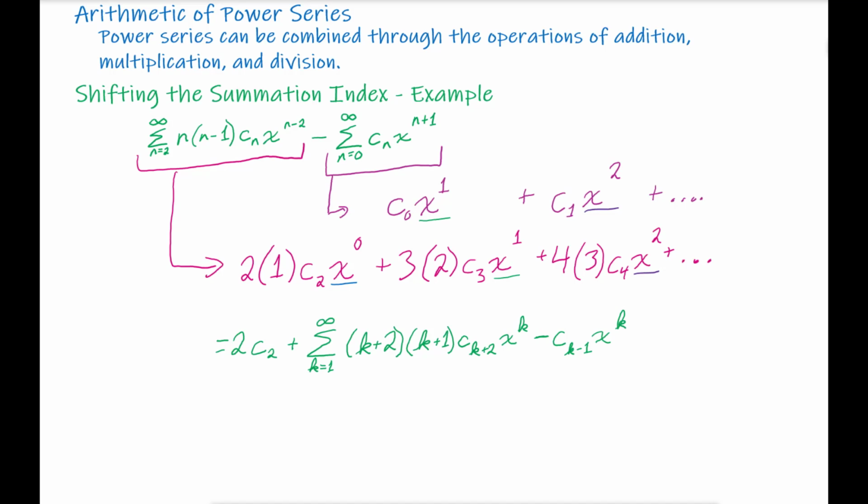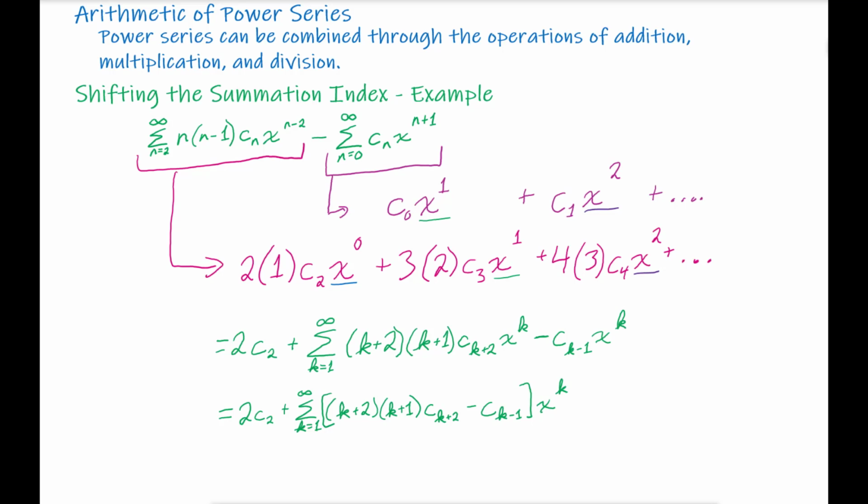So I'm going to factor that out so we can clean this up. And that gives us 2 times c sub 2 plus the sum from k equals 1 to infinity of the quantity k plus 2 times k plus 1 times c sub k plus 2 minus c sub k minus 1, all times x to the k.